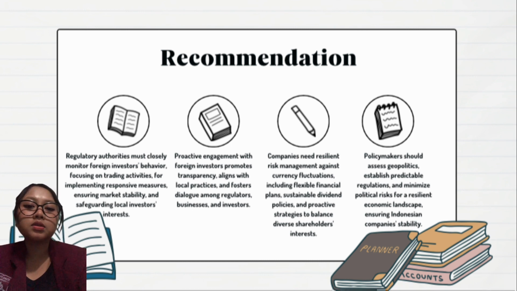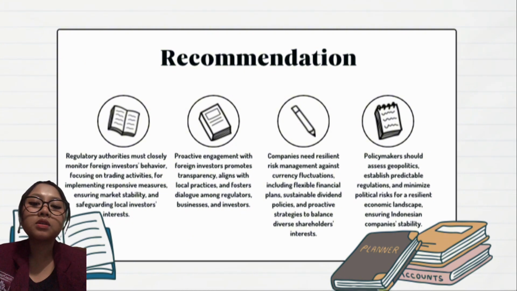And the third is that companies need resilient risk management against currency fluctuations, including flexible financial plans, sustainable dividend policies, and proactive strategies to balance diverse shareholders' interests. And the last one is that policymakers should assess geopolitics, establish predictable regulations, and minimize political risk for an economically resilient landscape, ensuring Indonesian companies' stability.